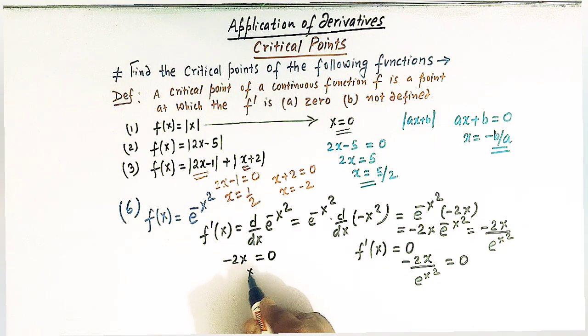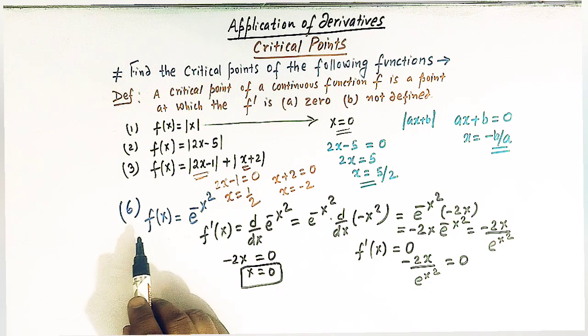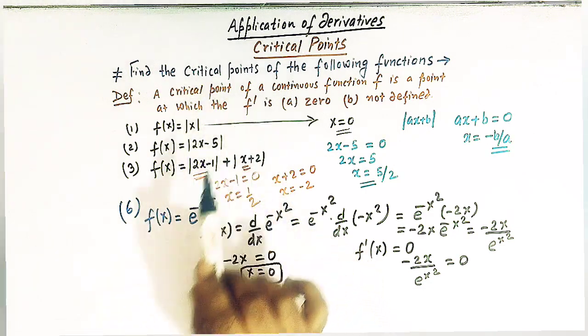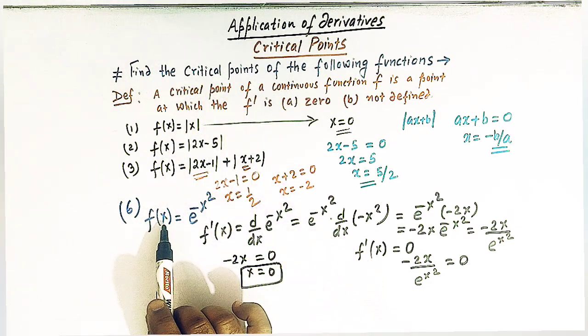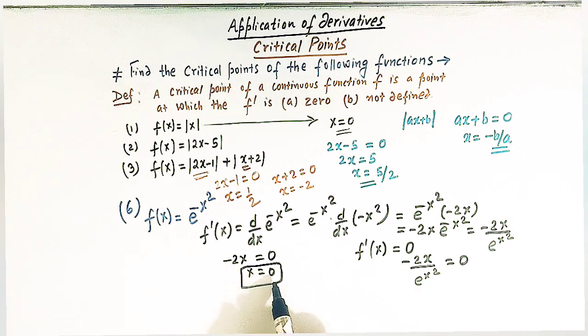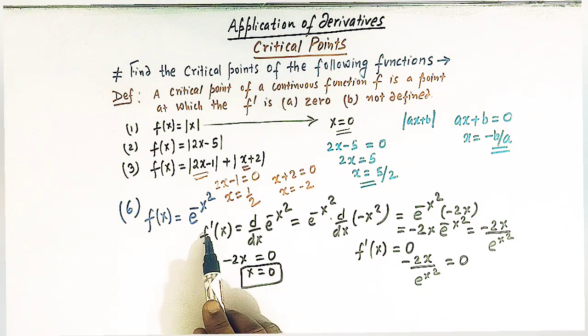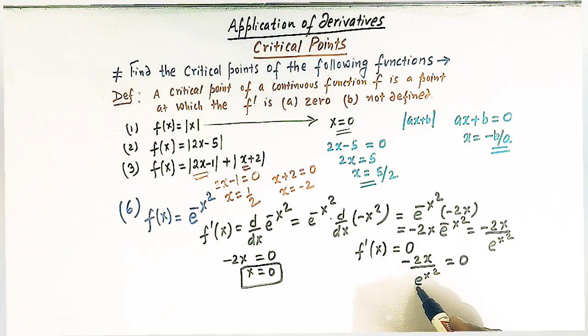So we have x is equal to 0. So x is equal to 0 is the critical point of this function f of x, because x is equal to 0 is the only point which makes the derivative equal to 0, because this term, that is e raised to x square, is never equal to 0, or this is always a positive quantity.